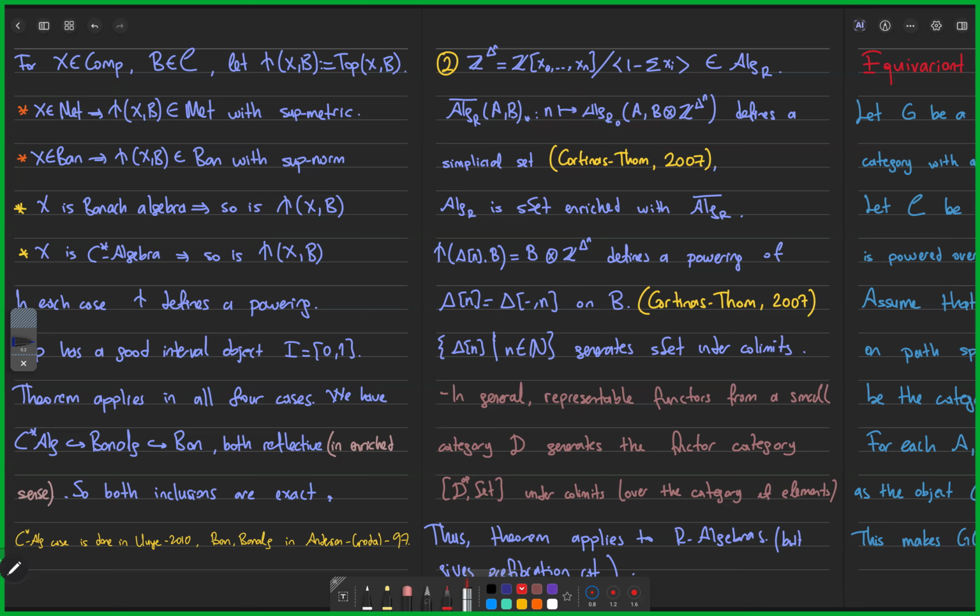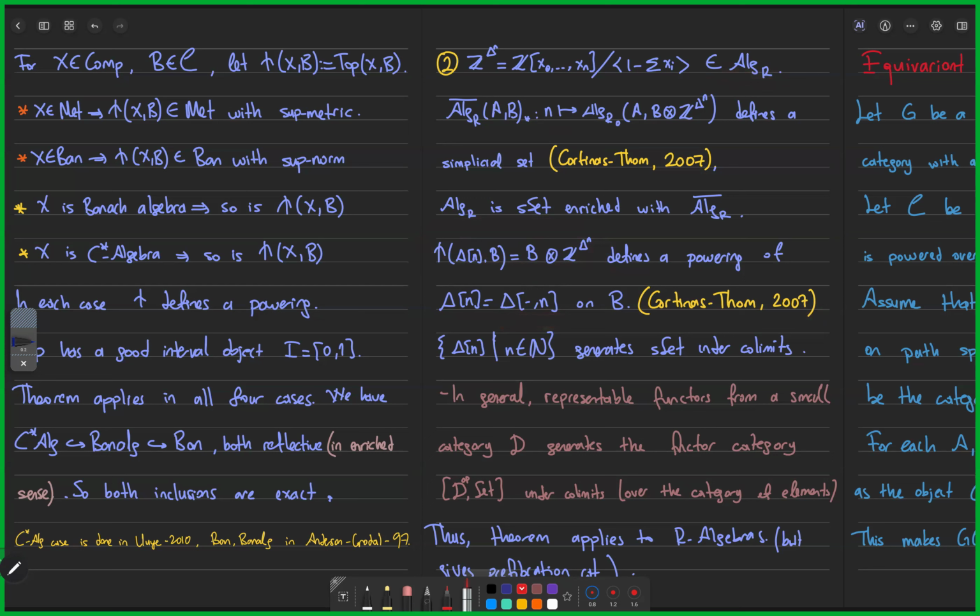Also, in their paper they give a construction. They call it B to the delta n, and this defines a powering. They also show that the category of R-algebras is simplicial set enriched and powered over representables.